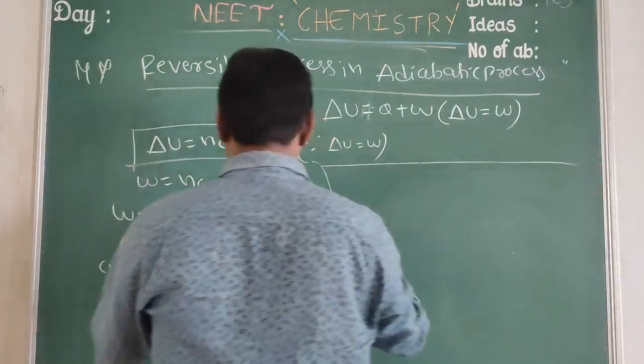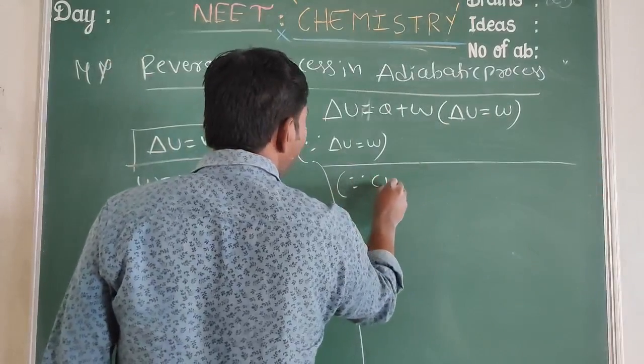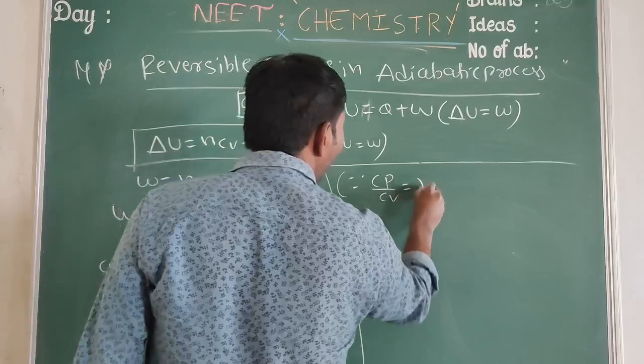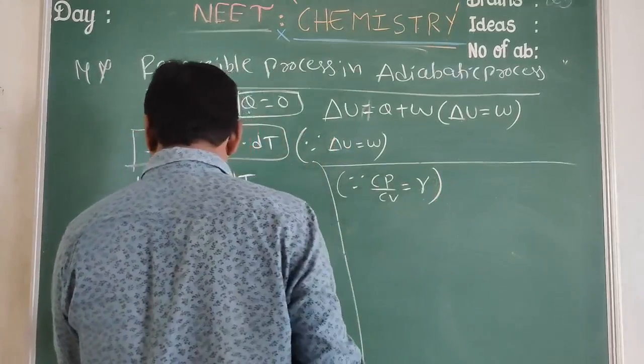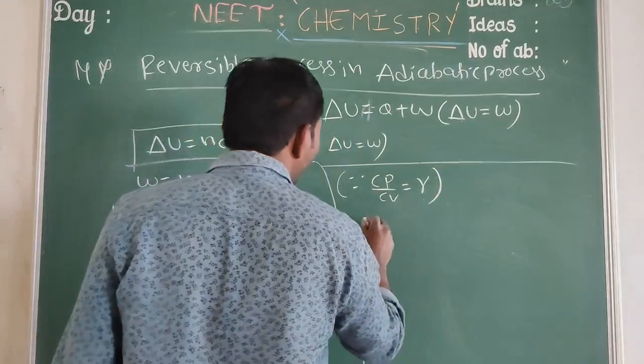Already we know Cp by Cv equal to gamma. That's why here gamma is taken in place of Cp by Cv.